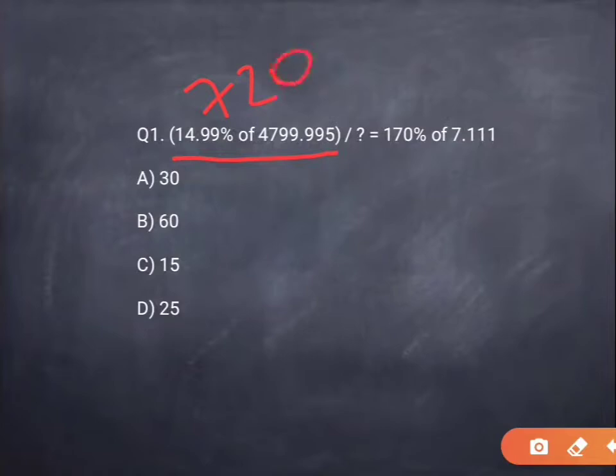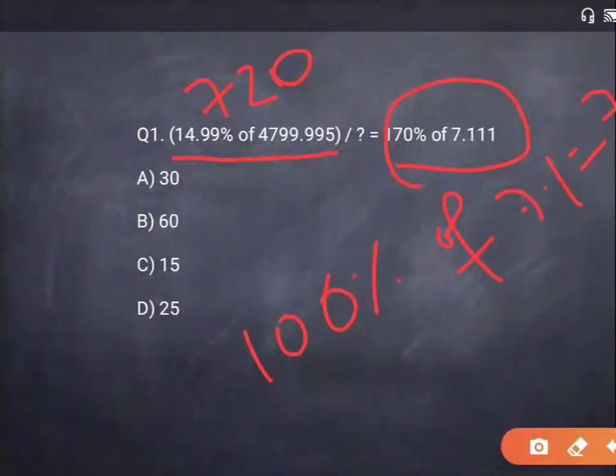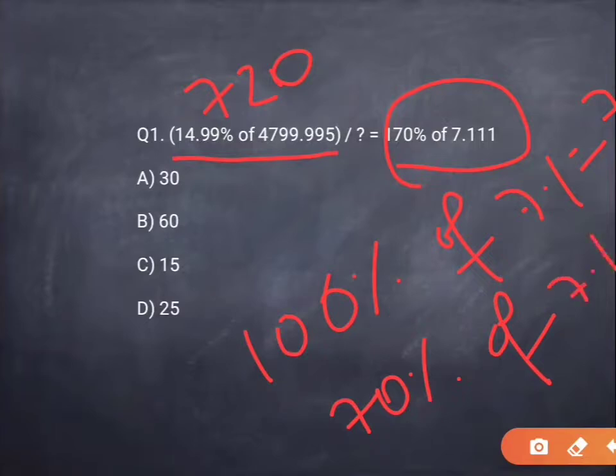Now what is 170% of 7.1? What is 100% of 7.1? Equal to 7.1 itself. That is 100% of a value is equal to the value itself. And what is 70% of 7.1? So 10% of 7.1 is 0.71.